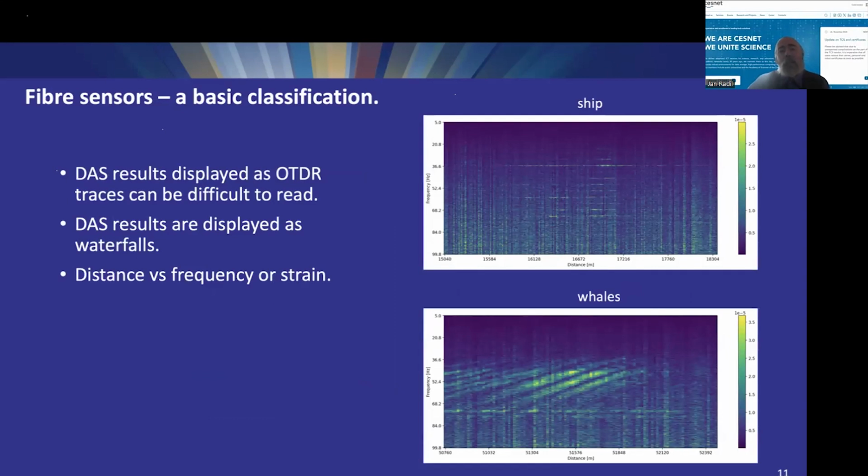Here you can see two different DAS results. They can be displayed as OTDR, but this waterfall is, I would say, a really nice visualization. There is distance versus frequency or strain. Here you can see a shape, so basically just very, very few basic frequencies.